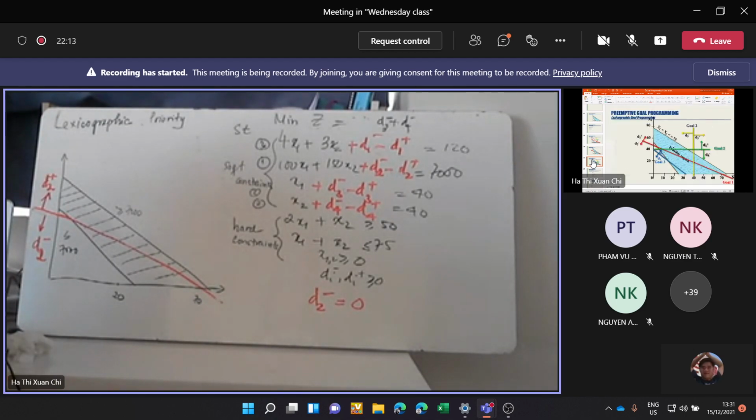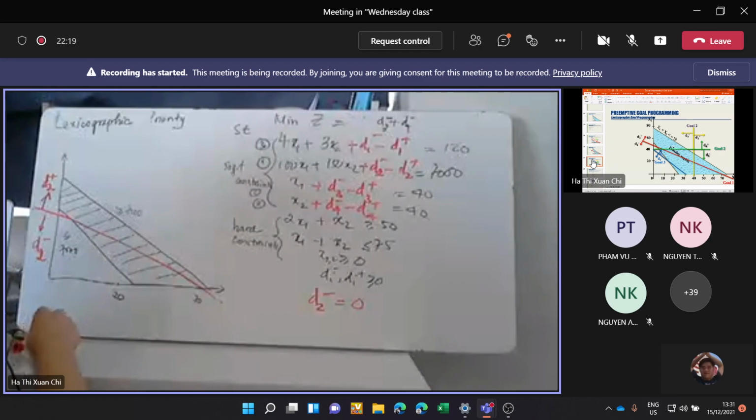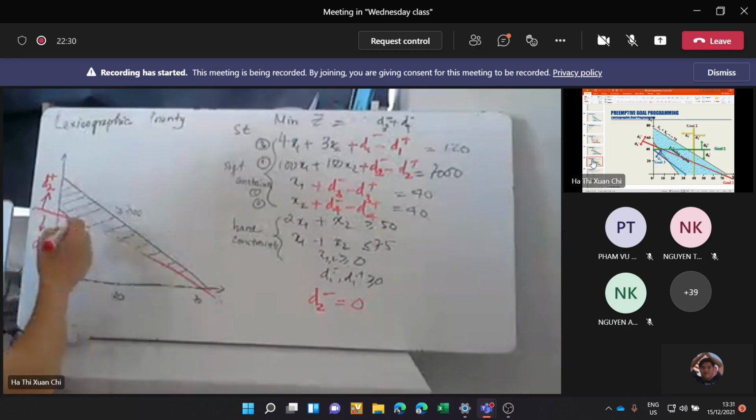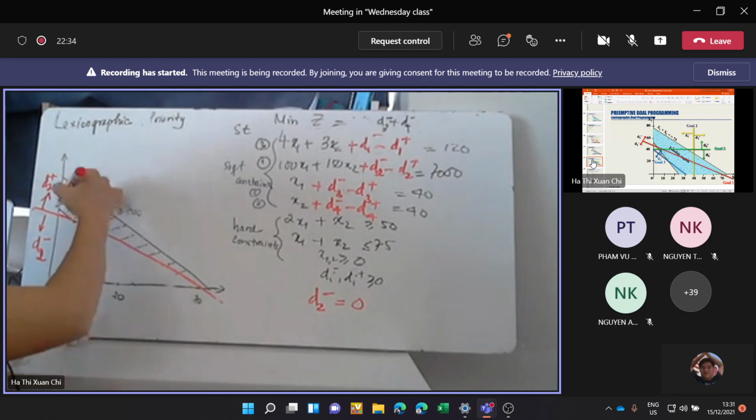So everyone, after we solve with D2 equals 0, the feasible region right now is just like this. We eliminate the rest. Right now the feasible region is just like this.